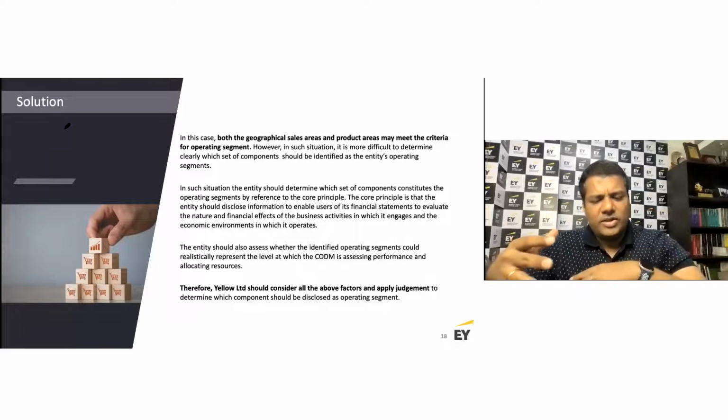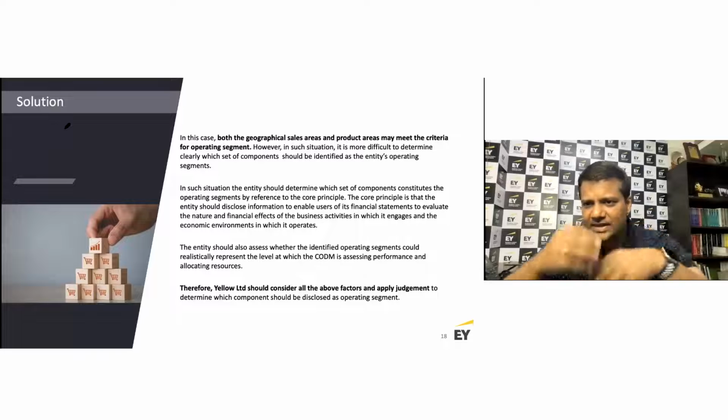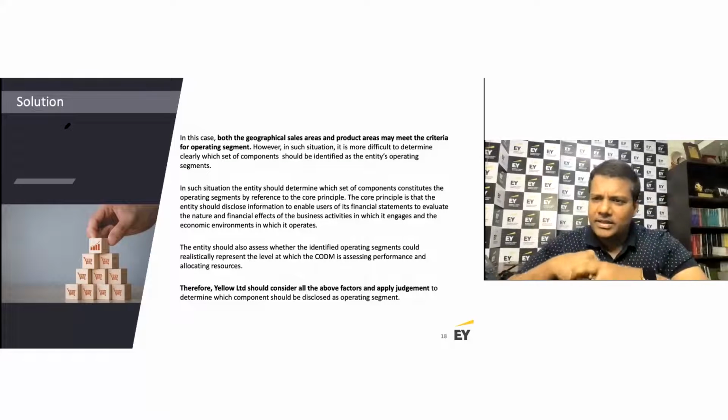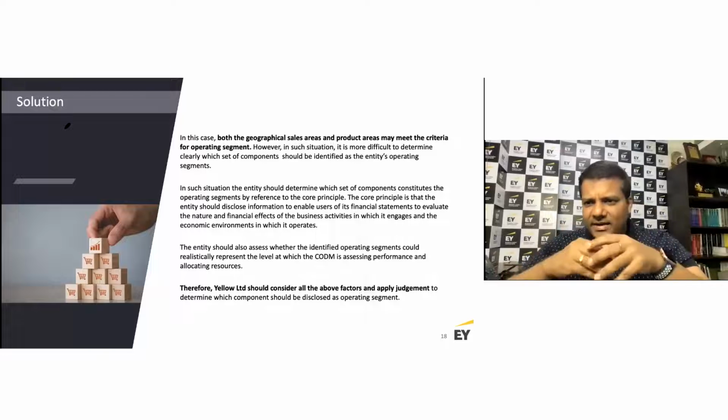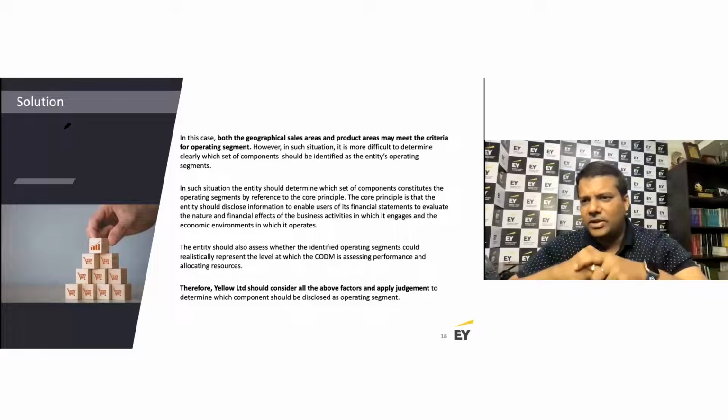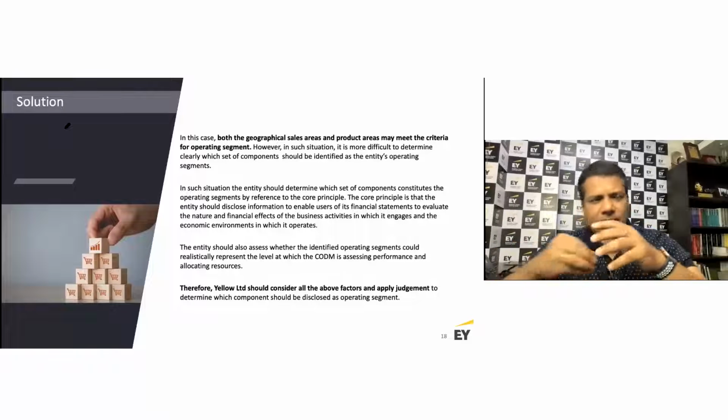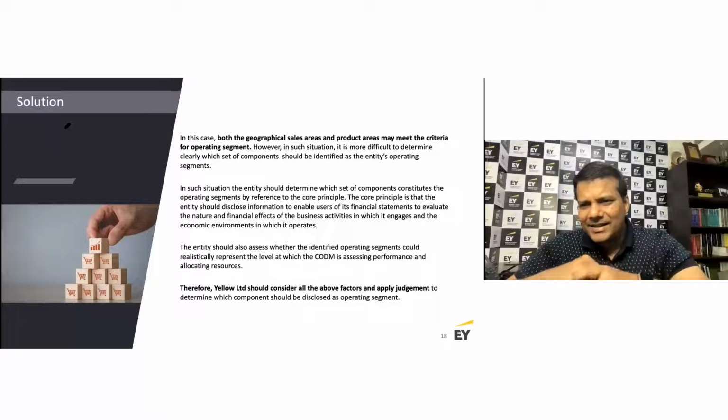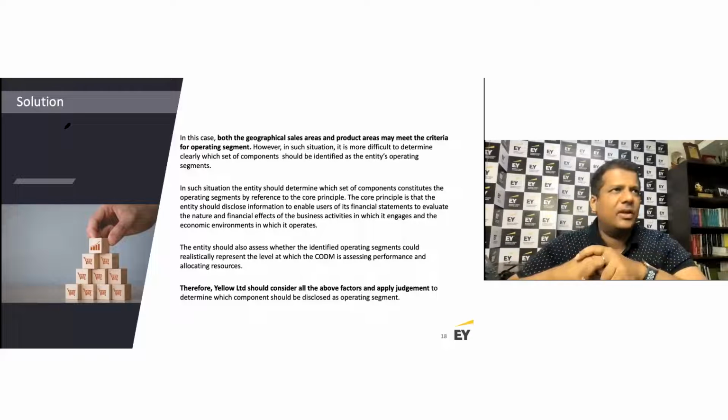And then we saw how we identify the operating segment, and we said that there are multiple things which you need to look at from a decision tree perspective. Is there a component of a business for which revenues are being earned and expenses are being incurred? Is that information being reviewed by the CODM for allocating resources and for performance evaluation?